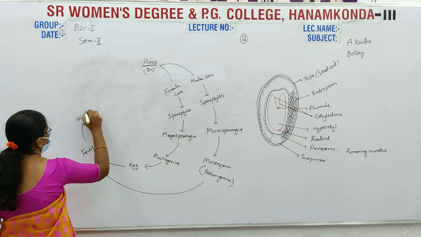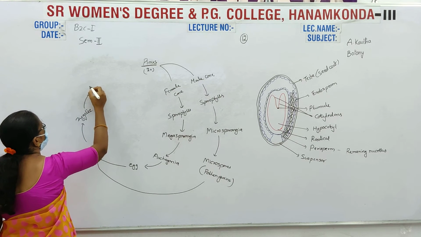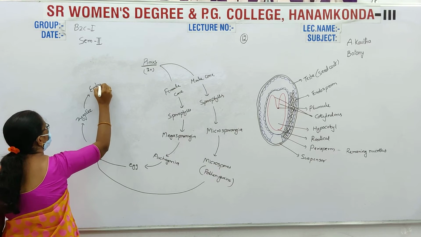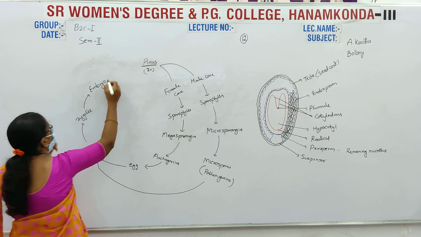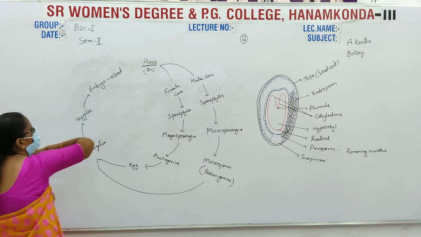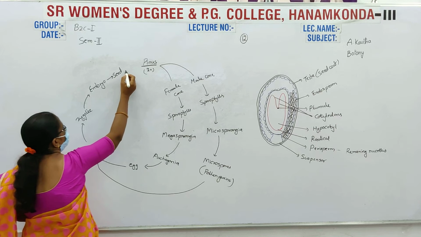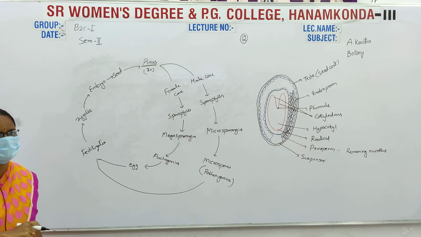After fertilization, a zygote is formed. The zygote develops into the embryo. The embryo is present in the seed, and the seed develops into the Pinus.